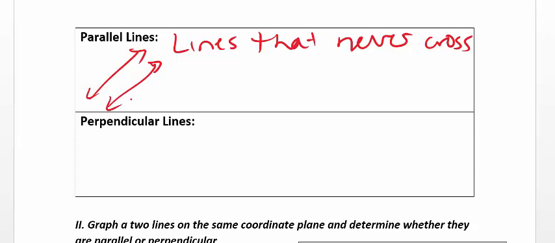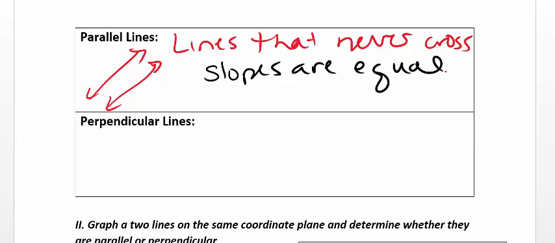Now, what's interesting about the slopes of parallel lines is that the slopes are always equal to one another. So if I take the slope of the first line, it's always going to equal the slope of the second line. Now, perpendicular lines are lines that cross at right angles.